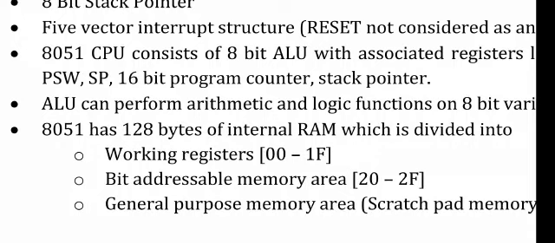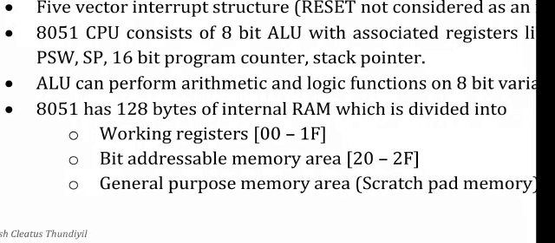These 3 divisions of the 128 bytes of RAM are already given in the 8051. We can use it as 128 bytes of RAM, or we can use 00 to 1F, that is 32 bytes, as working registers. The next 16 bytes, or 128 bits, can be used as a bit addressable area.